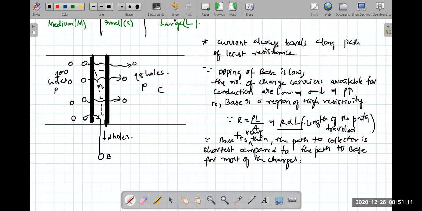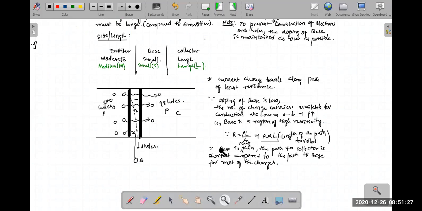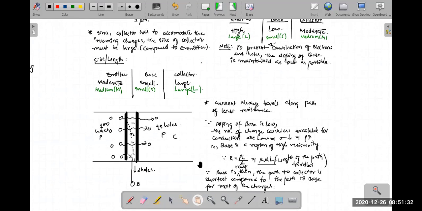In a good design, the number of charges reaching the collector must be greater than 98%. So, understood the logic? Any confusion? Good.